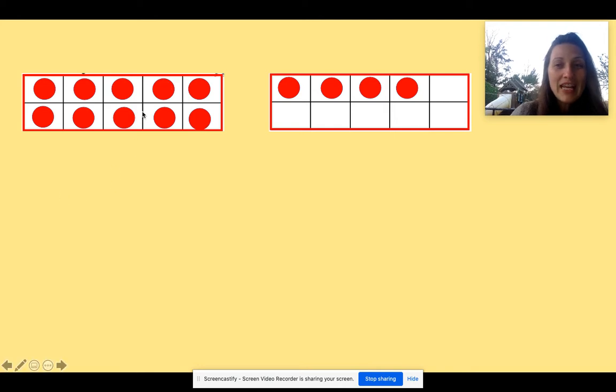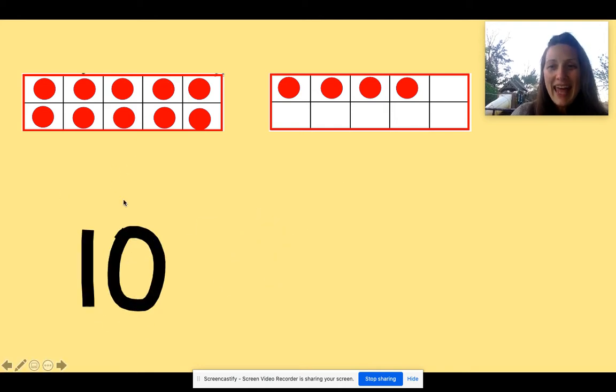So my first tens frame has 10 counters. There it is. If you're not sure how many, you can count. Let's count quickly together. 1, 2, 3, 4, 5, 6, 7, 8, 9, 10. We were right. It was 10 counters.